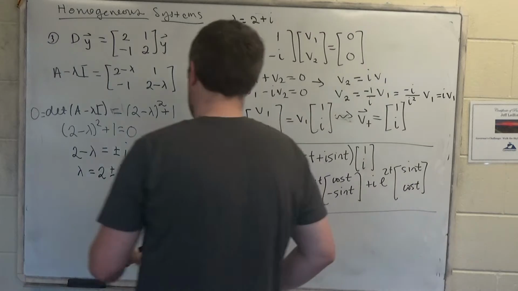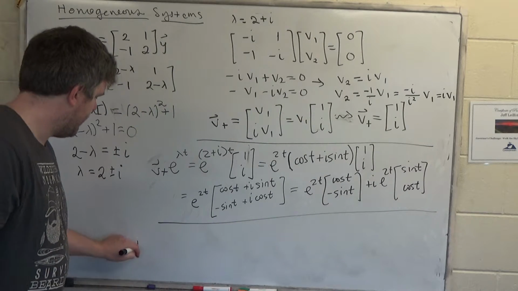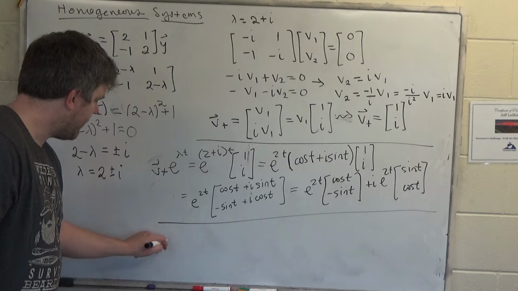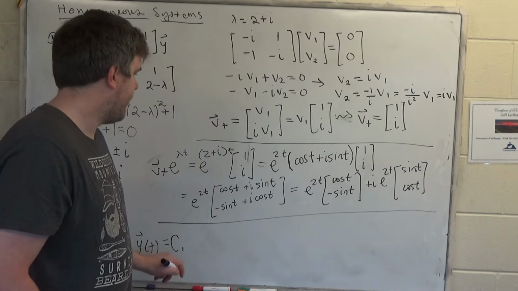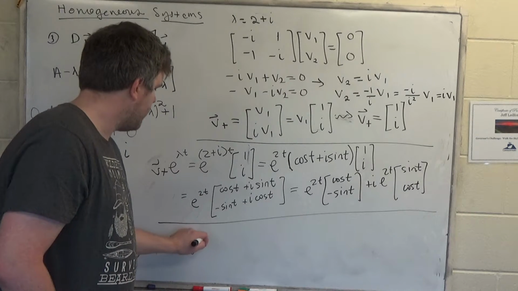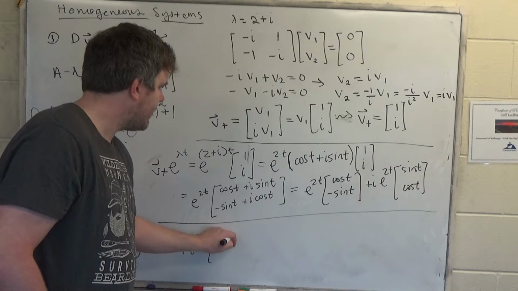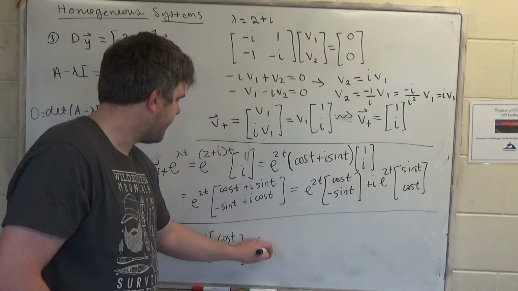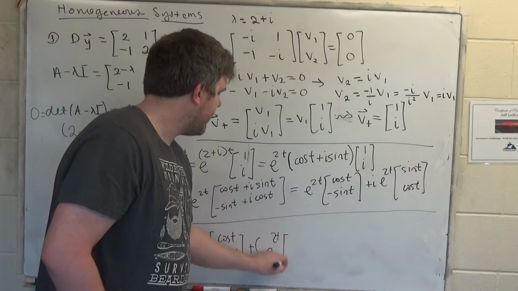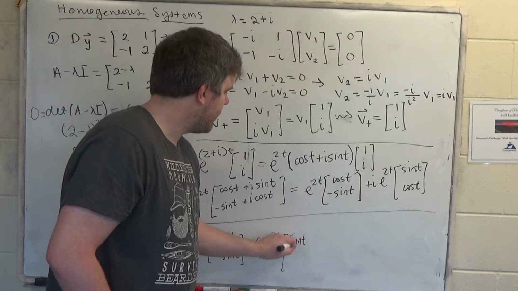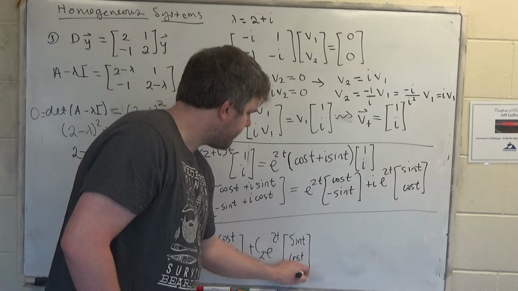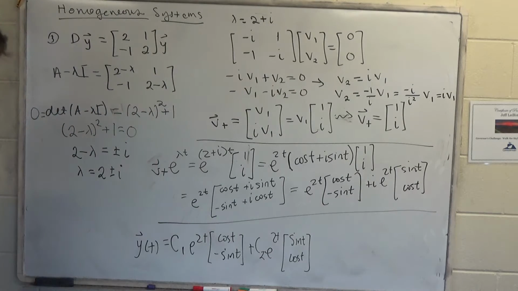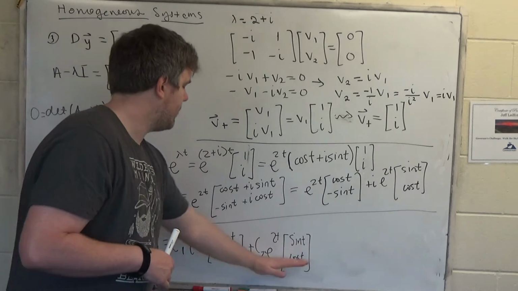So what we get, ultimately, is that y of t is c1 e to the 2t times the vector (cosine t, negative sine t) plus c2 e to the 2t times (sine t, cosine t). So not too bad. We just have to do a few auxiliary calculations to get our solution. And here, ultimately, is our solution.